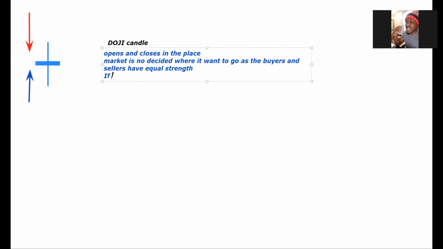If it occurs at the top of an uptrend or at the bottom of a downtrend, it's simply telling you that the market will be reversing. And if you are in a trade at that particular point, now it's up to you to keep an eye, because that trade is going to reverse on you, or you're going to start losing your money.